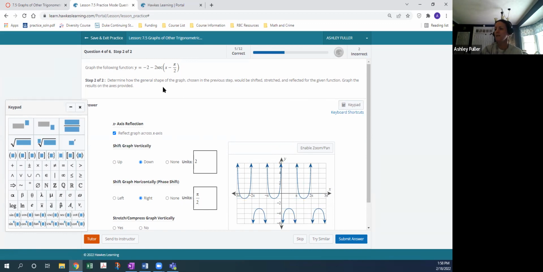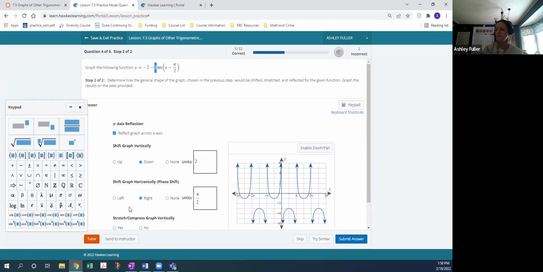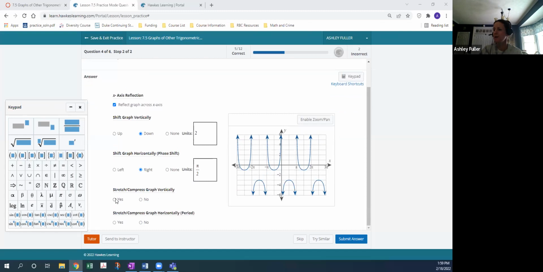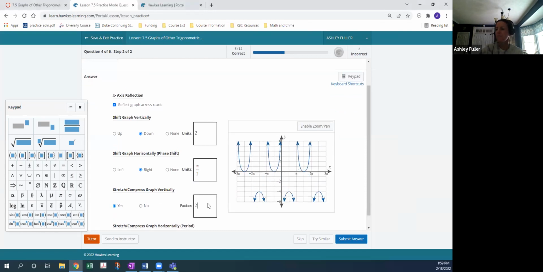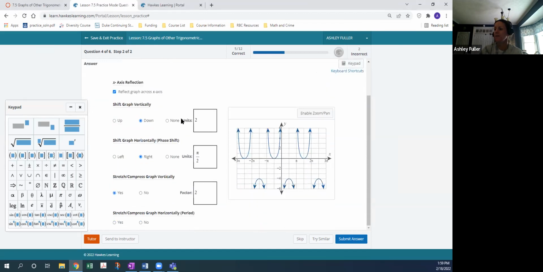And then it is going to have a vertical stretch or compression due to the 2 out front. And then last but not least, there is no b value here, so the period will not change.